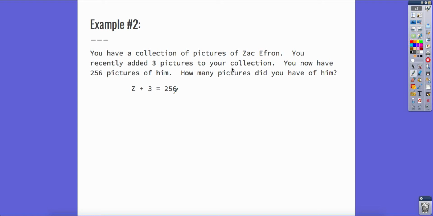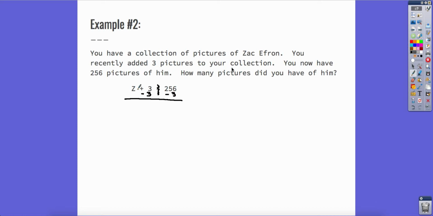So I know, based on my opposites, that if I have Z for pictures of Zac plus 3, because that's how many I just added to my collection, and I've got 256 now, I can use opposites, because I need that 3 to become a 0. I need it to move to the other side. If my equal sign is here, this is my balance. Whatever I do to one side, I'm going to do to the other.